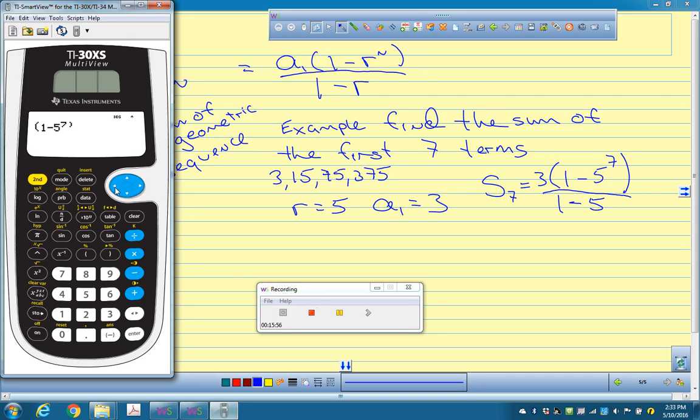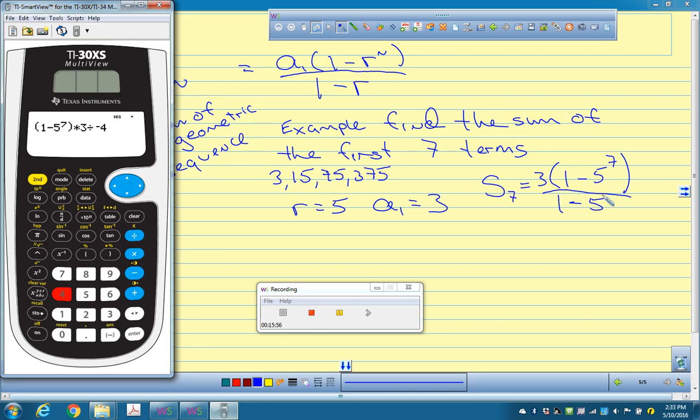I think I put my parentheses wrong. You've got to be careful because this parenthesis needs to be over here. That's better. 1 minus 5 raised to the 7th power times 3, and then I'm going to divide that answer by negative 4. See what I did?